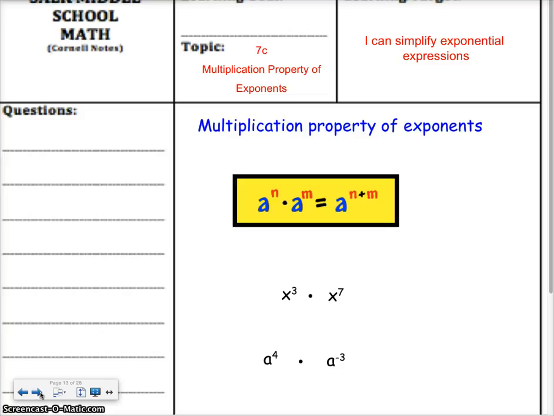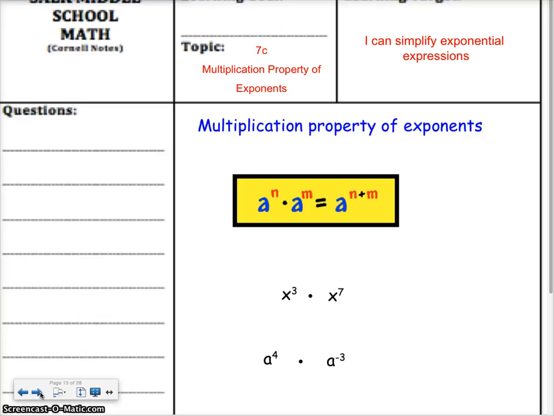Okay, so the pattern that we identified. Remember that powers or exponents means repeated multiplication. So 2 squared is 2 times 2. 2 to the 4th, 2 times 2 times 2 times 2. So if you're multiplying 2 powers together, it's just repeated multiplication as long as they're the same base. Here's the rule.